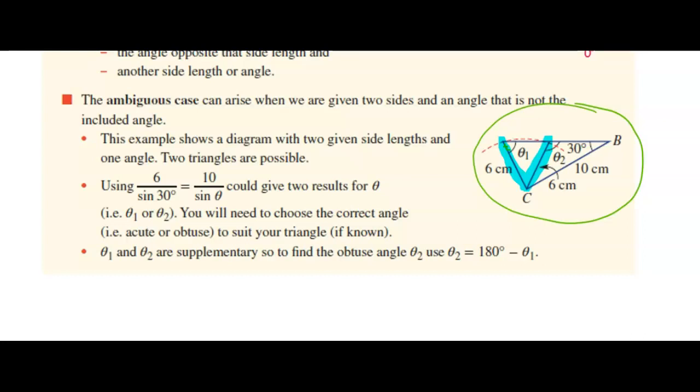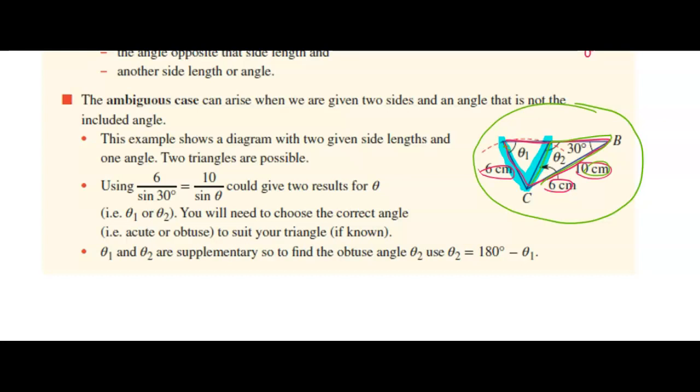I can draw this triangle on the outside, like that, and if I was using that triangle, I would still have this side 10 and this side, whoops, not that one, this side 6. And if I was doing this smaller triangle, I would still be using side 10 and 6. So that's why there's two possible answers.